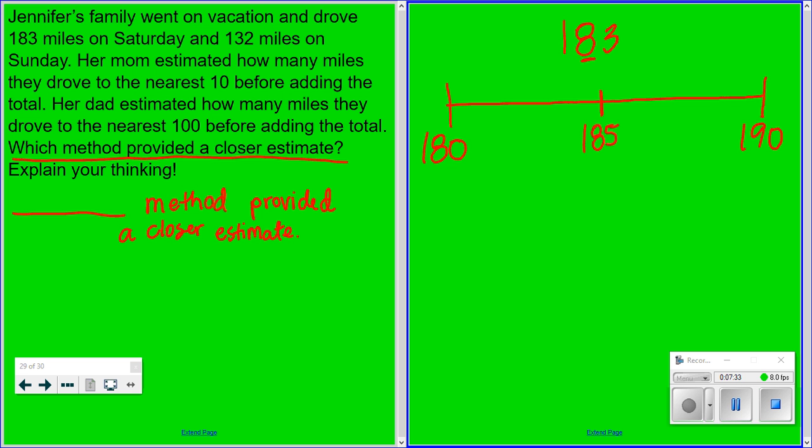Yeah, I think so too. Now that I know that, where is 183 going to round to? Brinley? 180. I'm going to do a little loop from 183 down to 180. So I know one part of what she is adding is 180.